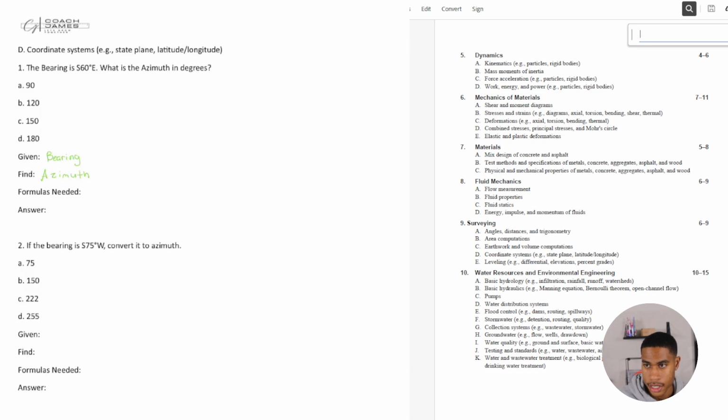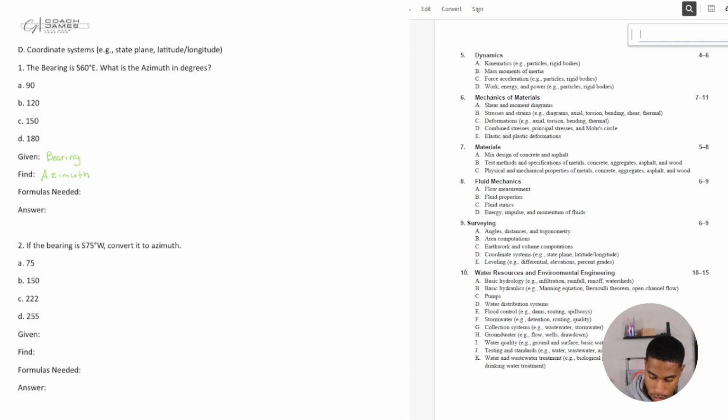When you search azimuth and bearings and stuff like that, that stuff doesn't come up. So you have to remember what they are so that you can get the questions correct. I'm going to go through what they are and how to somewhat remember them. All right, so let's start.